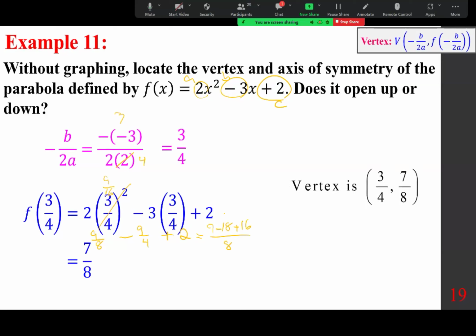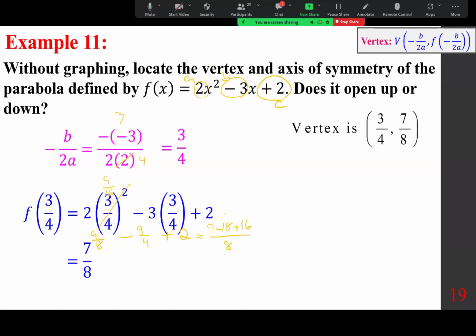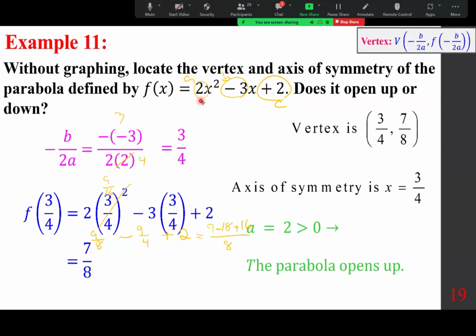So we have the vertex at 3/4 and 7/8. Axis of symmetry, x equals 3/4. A equals 2, positive, opens up. So we have all the information for this page.